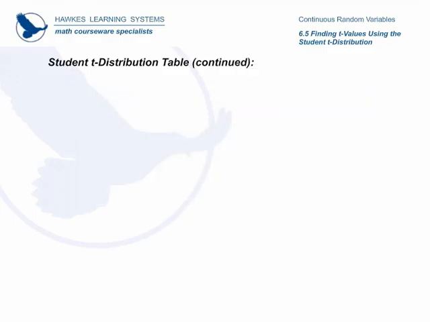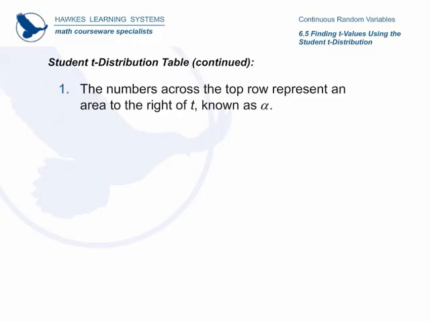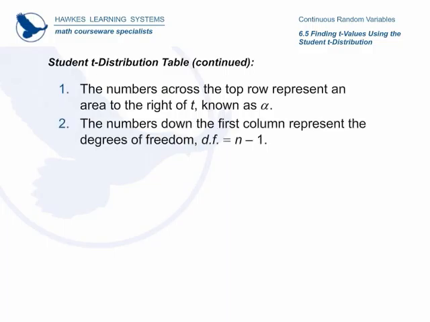Now let's continue on looking at our student t distribution table and get some nomenclature to go along with that distribution table. So for the student t distribution, the numbers across the top row represent an area to the right of t known as alpha. The numbers down the first column represent the degrees of freedom.